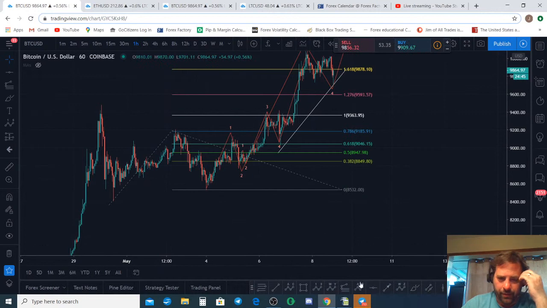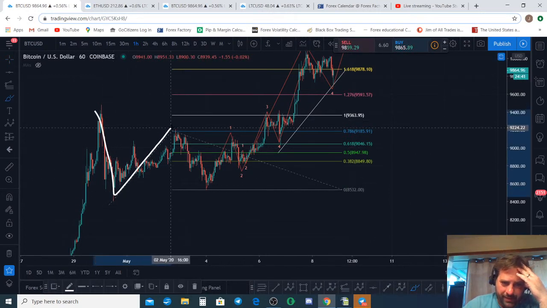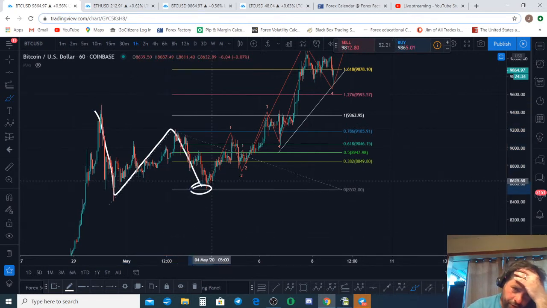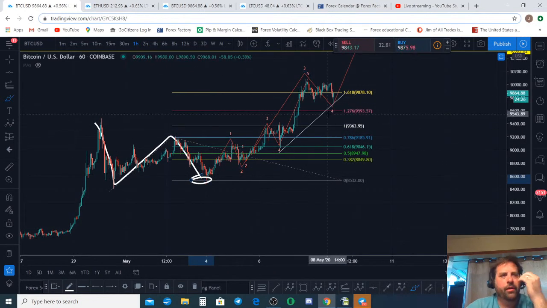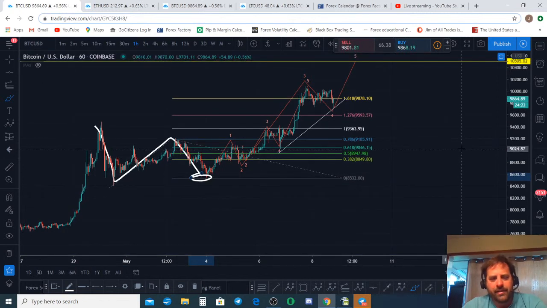Though I called it a running flat the other day incorrectly. But that being said, there's an ABC right there, or some kind of WXY or something with a truncated Y, or some weird, real bullish thing. And then, yeah, I'm having a hard time with this count here. It's showing up. The RSI is showing up.